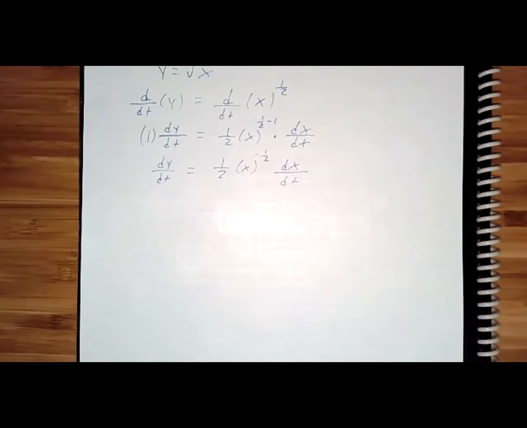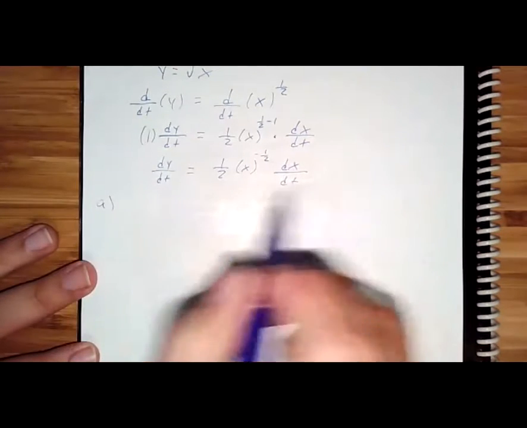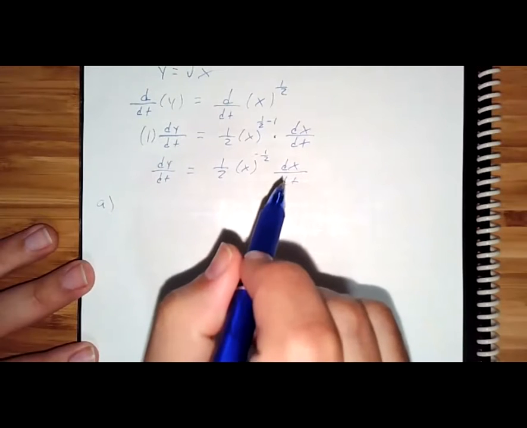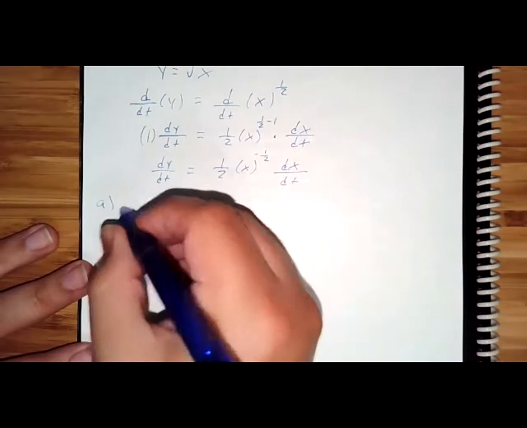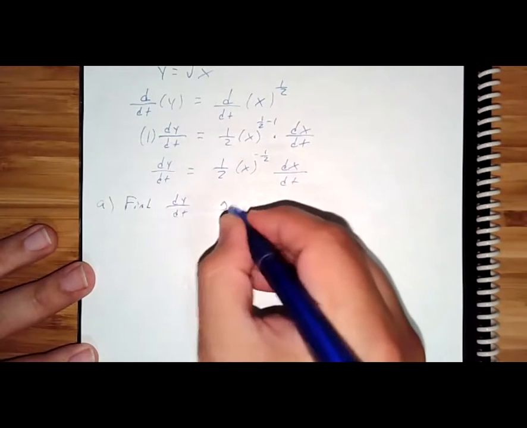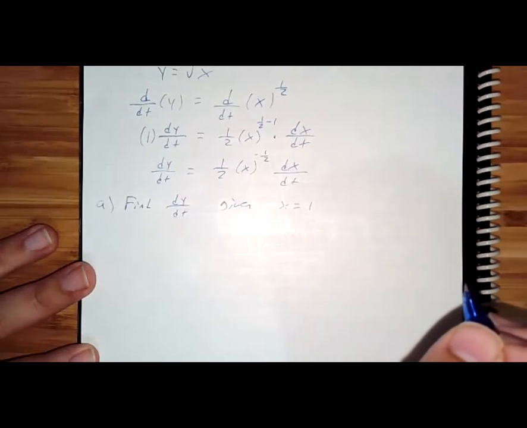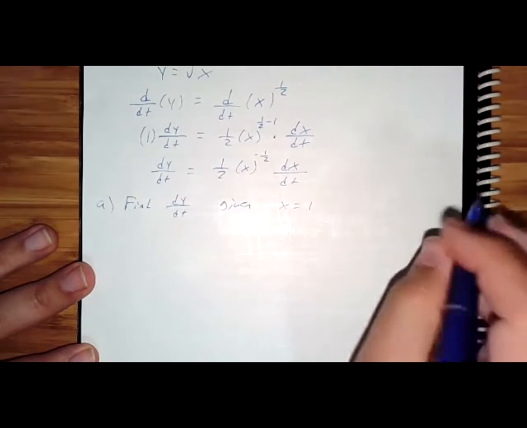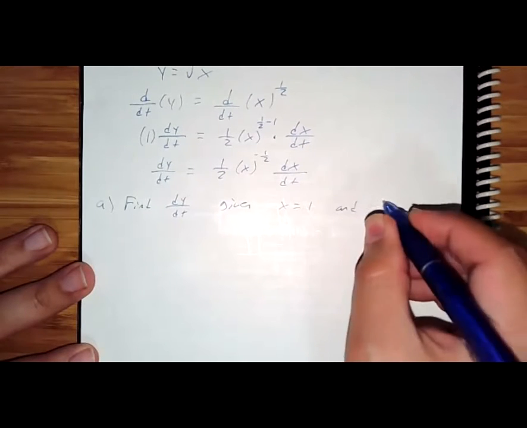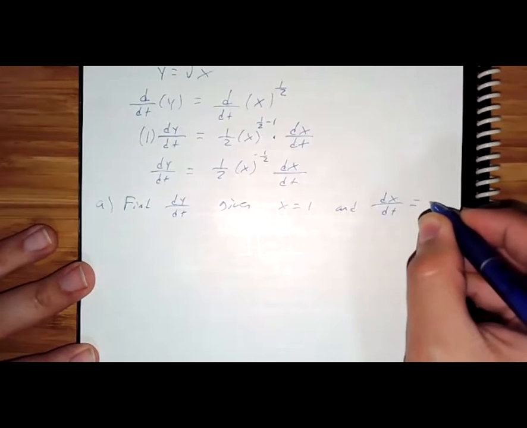Okay, so at this point, we've gotten everything they wanted. Now for part A, I can make this prettier, but it looks like they want a specific number. It says find dy/dt given x equal to 1 and dx/dt equal to 2.